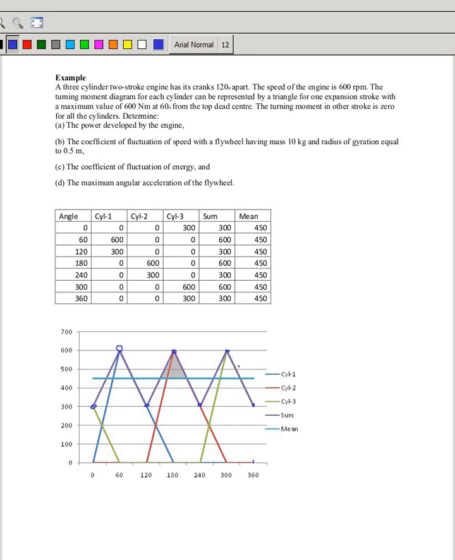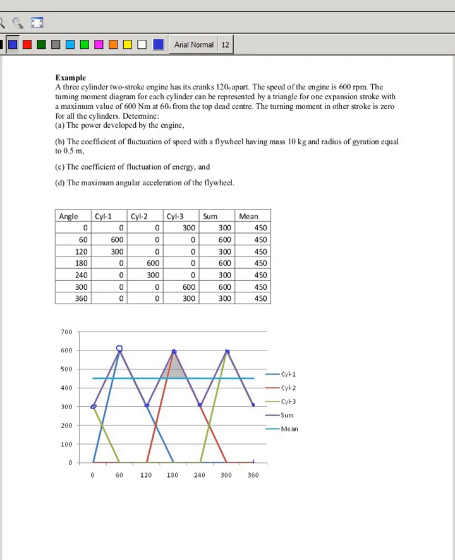So this green one comes to 0, this green one comes to 0 after, so from 240 to 60 degree it's maximum, so it is up to 300, up to 300 it rises, and then for the next 120 it decreases, so it rises by an amount of 600.